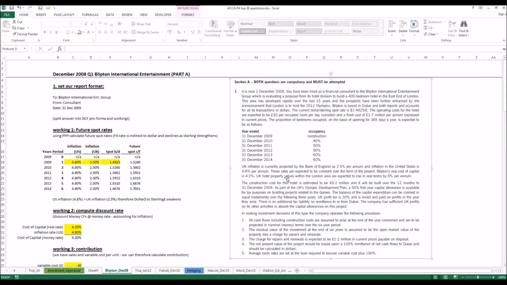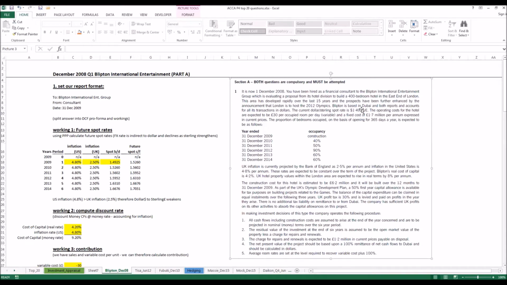The inflation rate in the US is 4.8%, so it's higher, which means that if your US inflation rate is higher than your UK inflation rate, then your exchange rate of $1.4925 to a pound is going to increase, meaning that the dollar will devalue against the sterling.